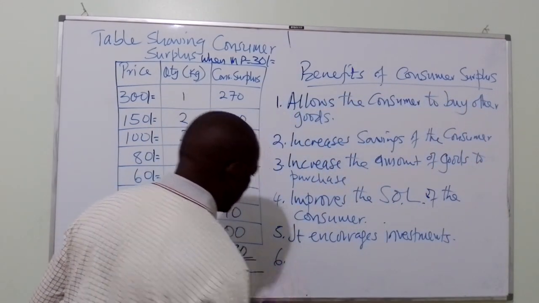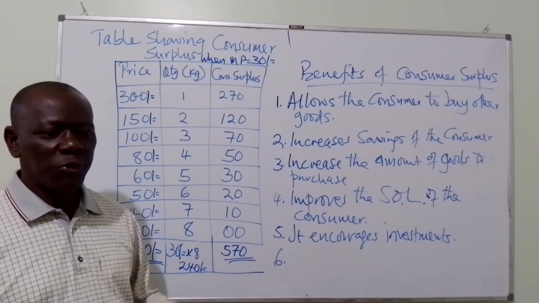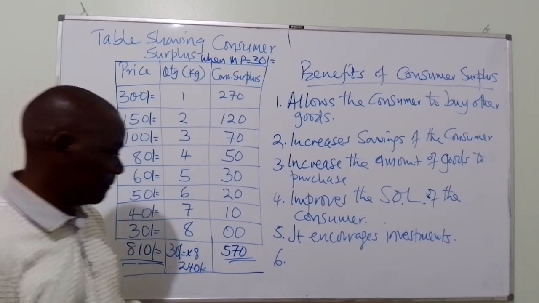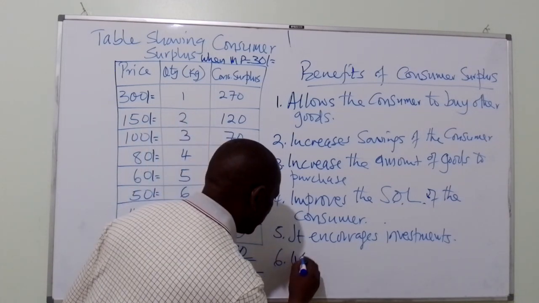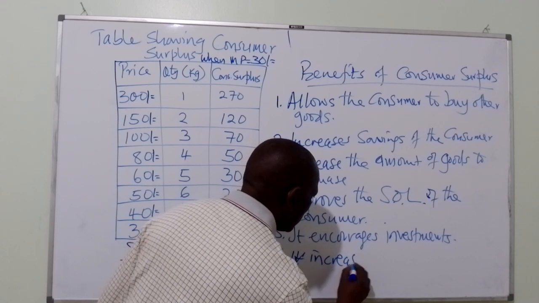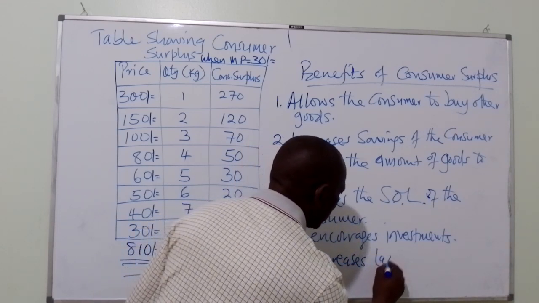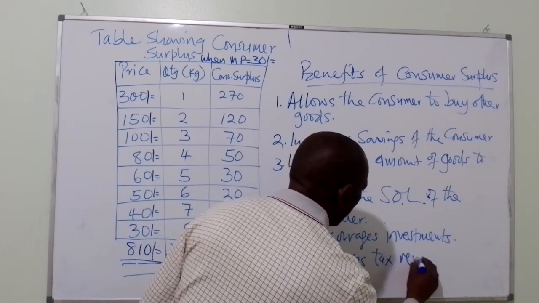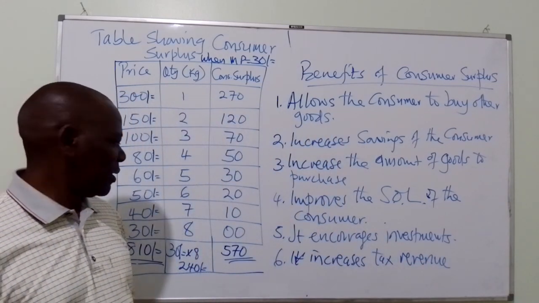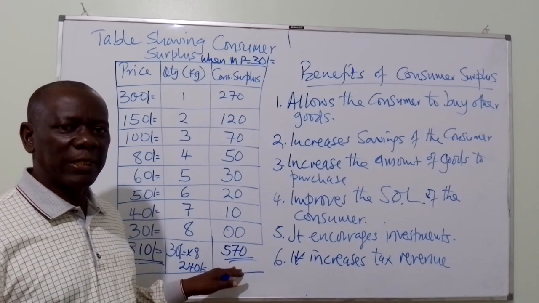Then number 6, this now is not to the consumer. It is to the advantage of the government. It increases tax levy. How does it increase tax levy? This man was to pocket this.